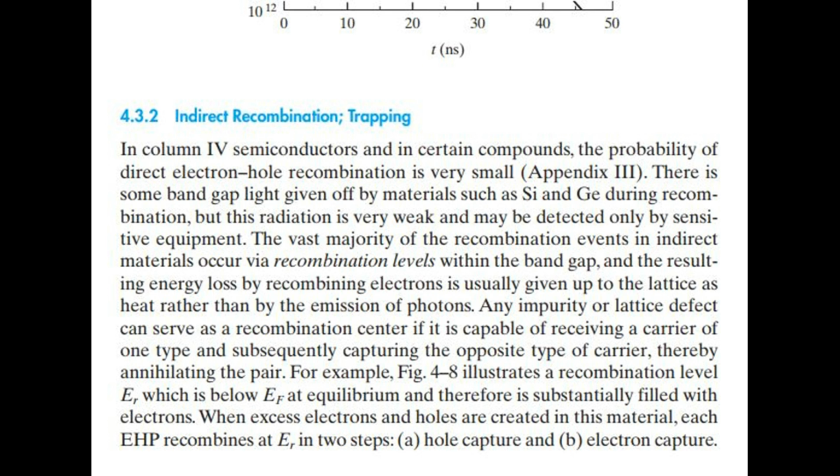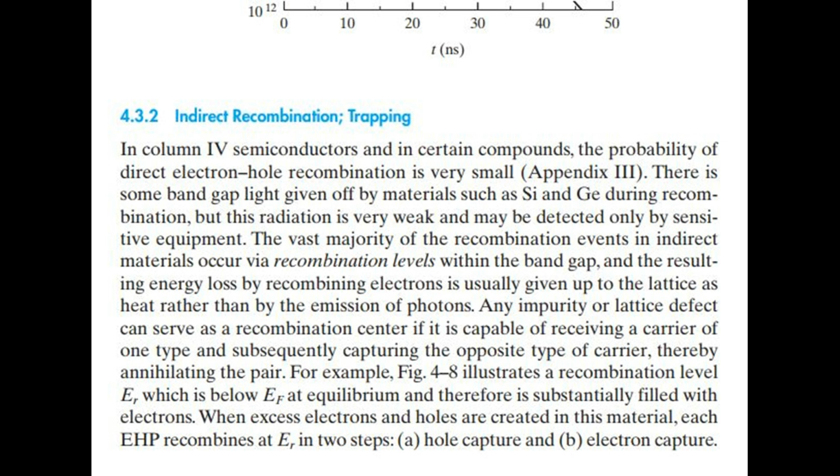The vast majority of the recombination events in indirect materials occur via recombination levels within the band gap, and the resulting energy loss by recombining electrons is usually given up to the lattice as heat rather than by the emission of photons. Any impurity or lattice defect can serve as a recombination center if it is capable of receiving a carrier of one type and subsequently capturing the opposite type of carrier, thereby annihilating the pair.